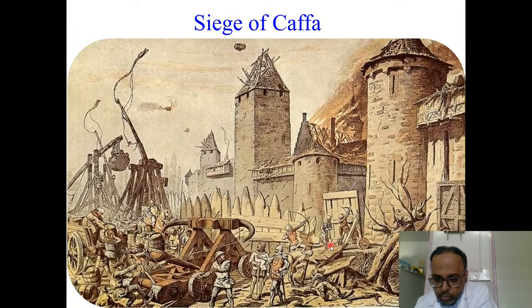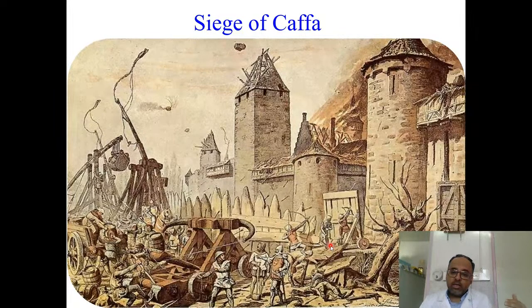And the way that plague spreads, well, we have a form of plague which is transferred between humans through respiratory means. It's called pneumonic plague. But the plague that was more common at the time was not being spread between humans. It could be spread in populations by flea bites.